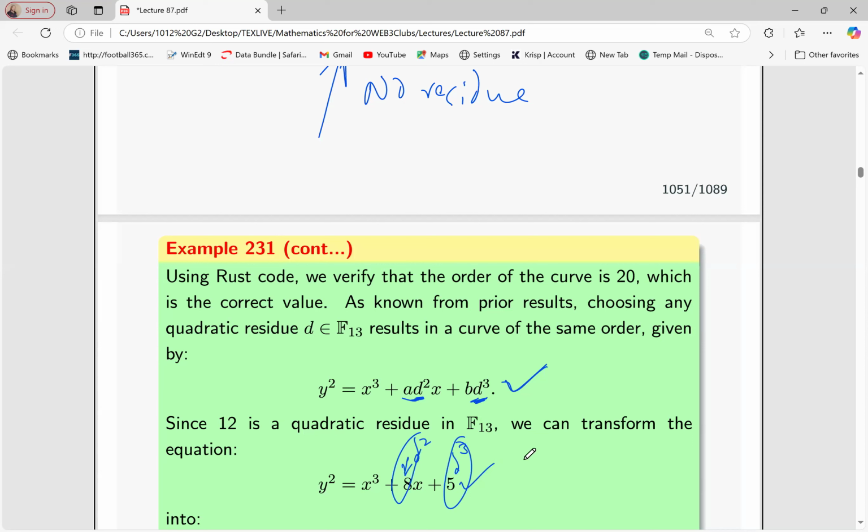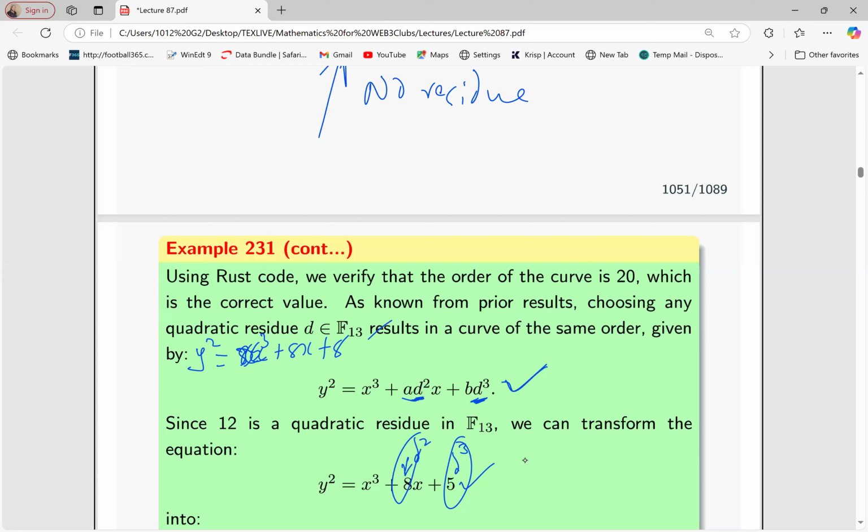When I was doing this, I already had in mind that I wanted a curve that has x cubed plus 8x plus 8. So I pick any quadratic residue, I multiply and see whether it gives me this. If it doesn't, I go to another quadratic residue. There are several of them.